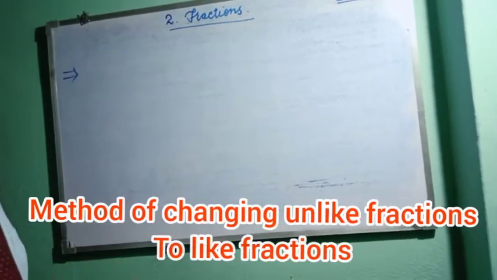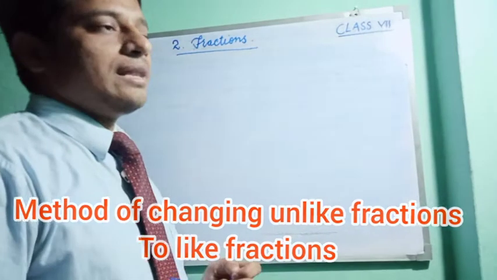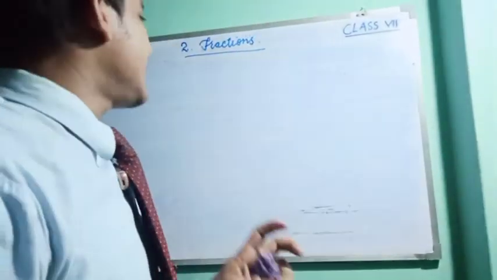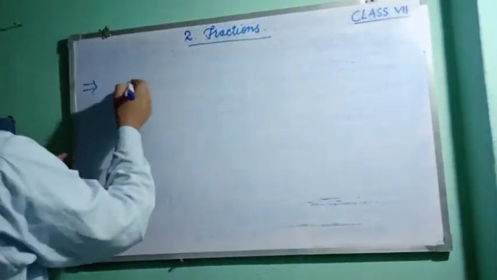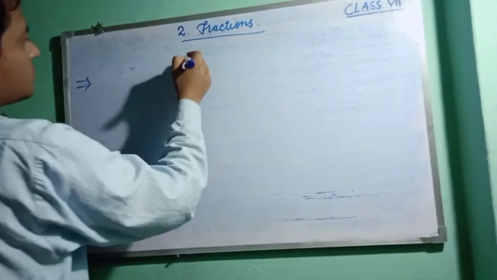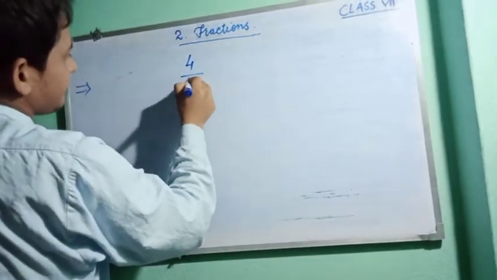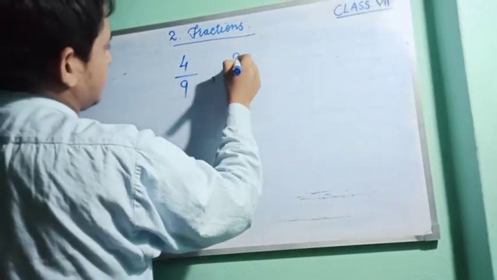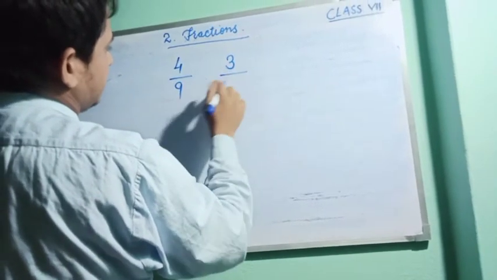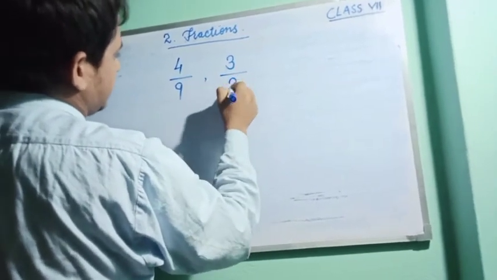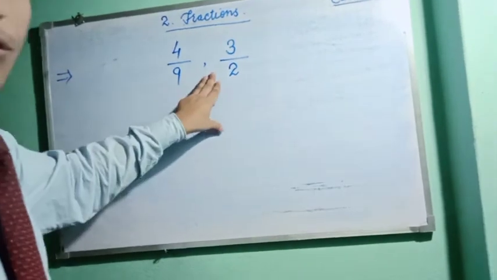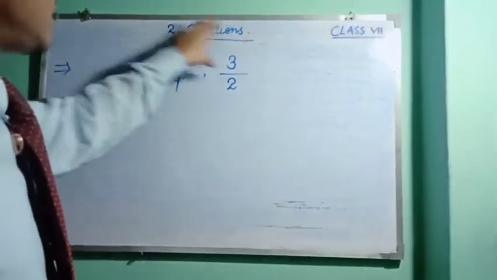Now next, the method of changing unlike fractions to like fractions. See with the help of an example. Suppose these are two fractions which are unlike fractions.